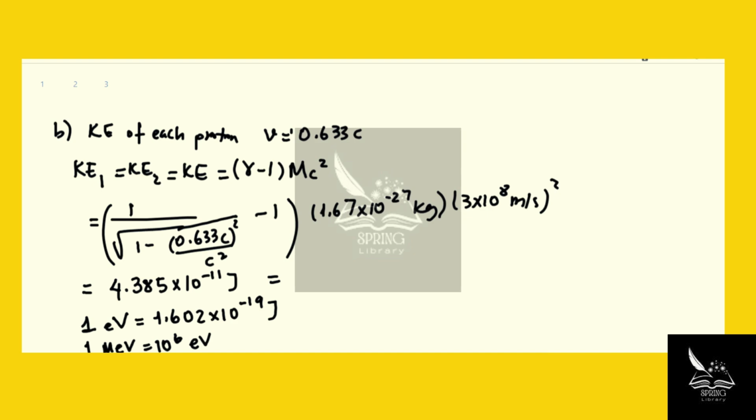When we apply the conversions, which means we're going to divide 4.385 times 10 to the power negative 11 by this number first, and then 10 to the power 6, we're going to get 274 mega electron volts as our answer to part B, which is the kinetic energy for each proton.